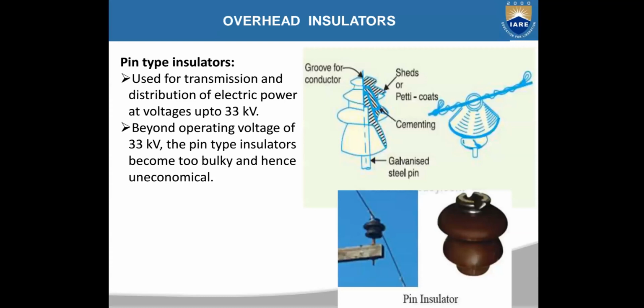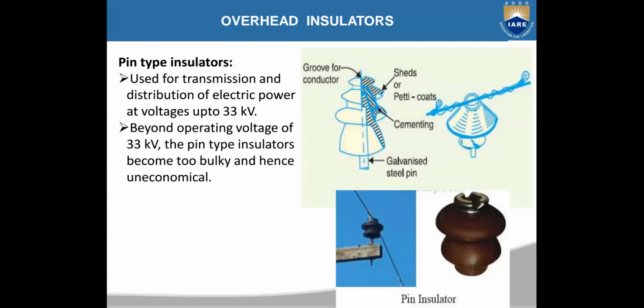First, the pin type insulator. If you observe the diagram here, you have one insulator, and under the insulator you have one pin, a galvanized steel pin. Because of that it is called a pin type insulator. That galvanized steel pin is connected to the cross arm of your pole.